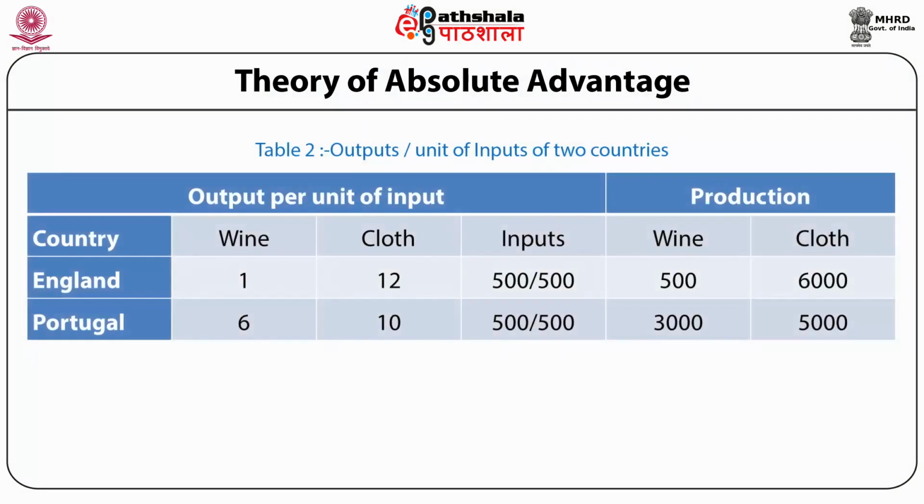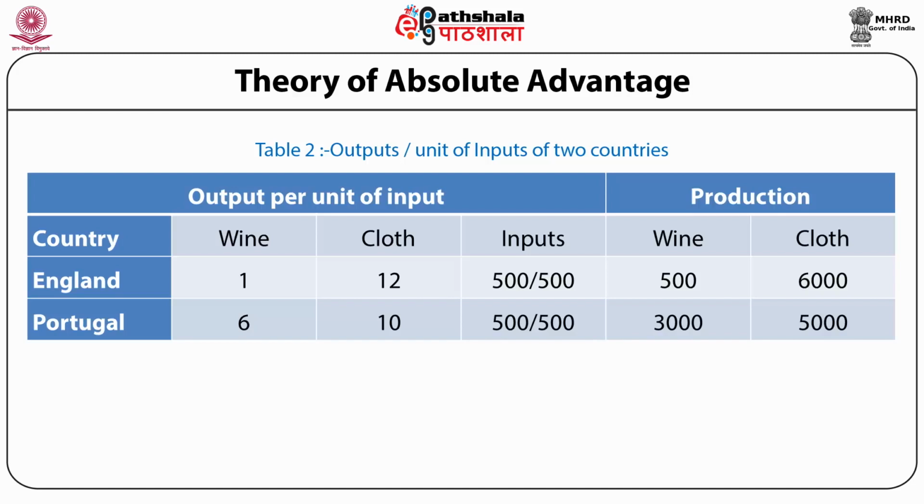Table 2 below shows the two countries, England and Portugal, producing wine and cloth. England is producing 1 unit of wine and 12 units of cloth, whereas Portugal is producing 6 units of wine and 10 units of cloth with the input of 500 factors.